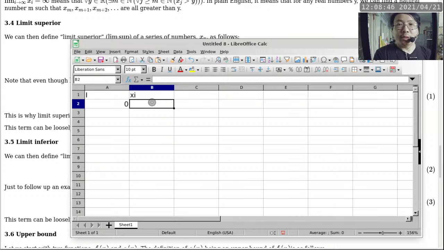I'm trying to think of a way so that the oscillation will settle at some point, and I think I just got it. All right, so we can do it this way.